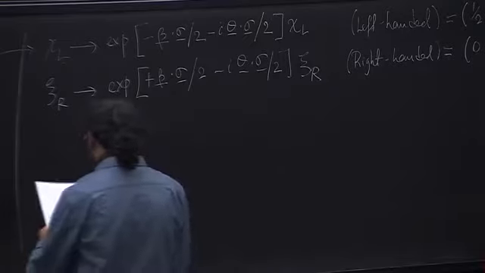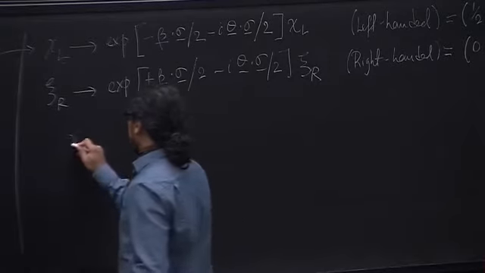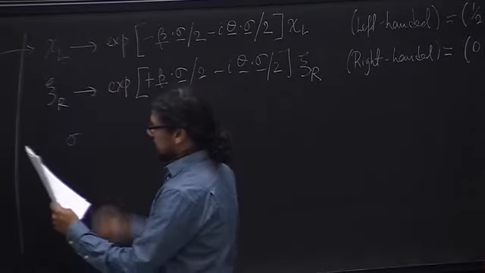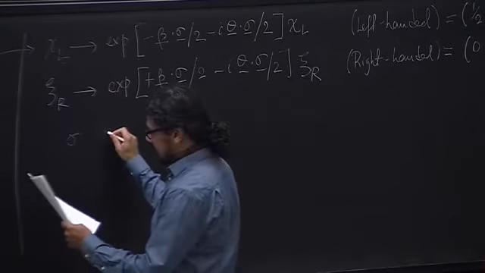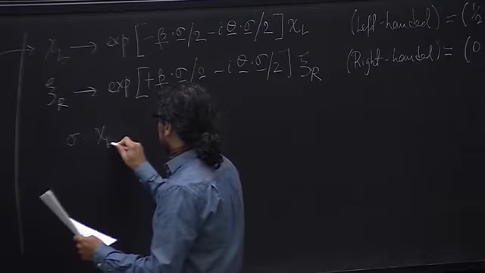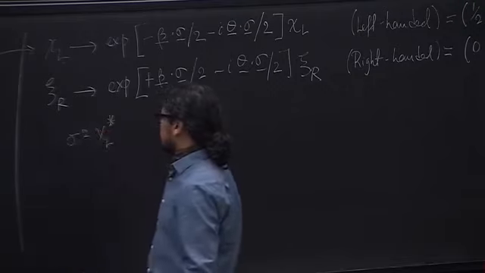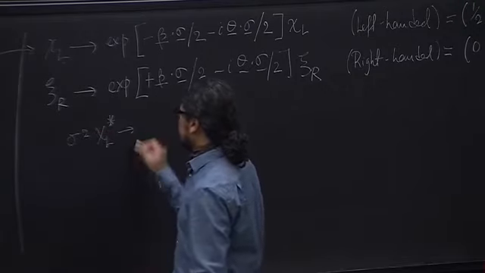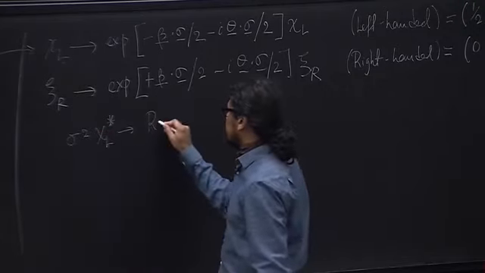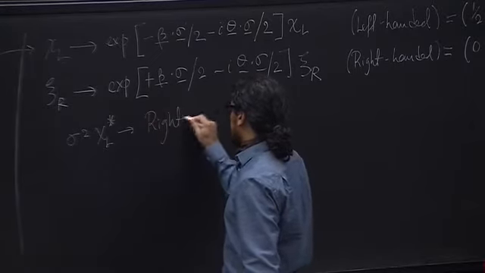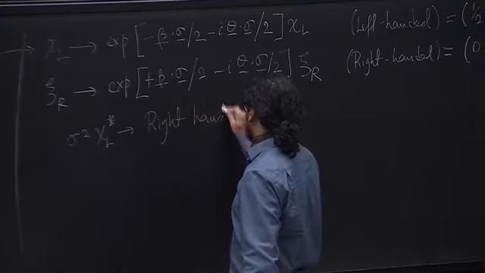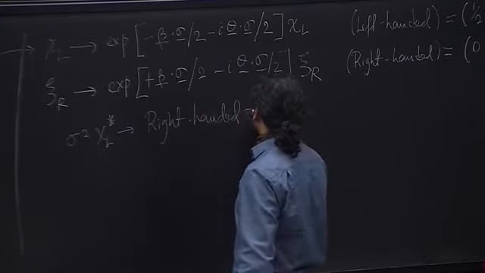And you can verify that if you take the left-handed Weyl representation, complex conjugate it and multiply it by sigma 2, this is a right-handed Weyl spinor. Okay?